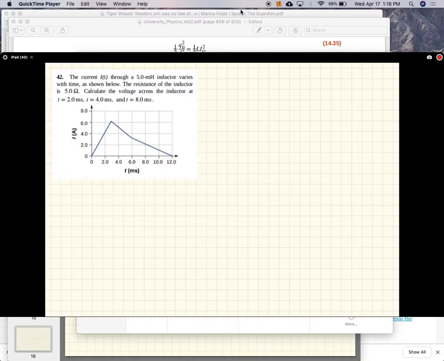Okay, so essentially what we'll need is, at these times, di by dt. Di by dt is the slope of those lines. So let's find the slope of these lines at these times.